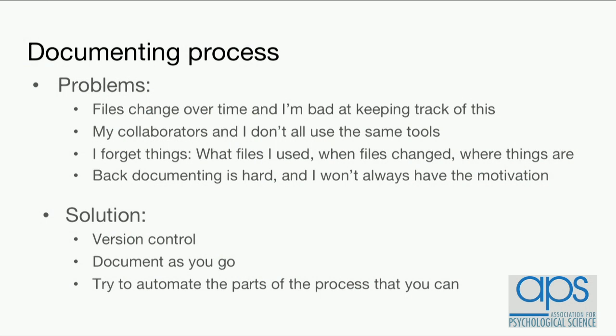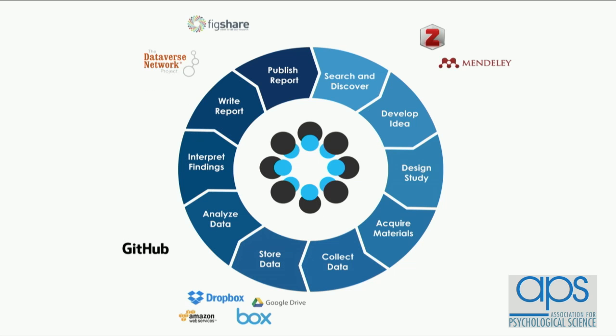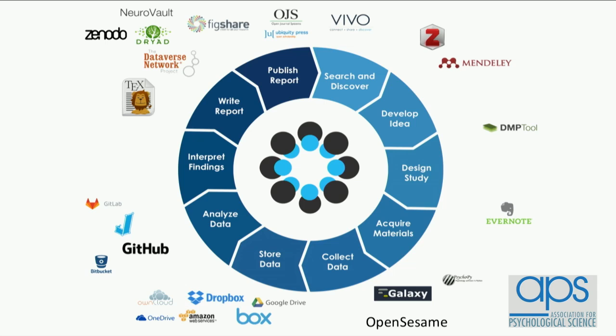So I mentioned the add-ons we currently have. Here they are. We have a lot more under development that will hopefully be starting to connect in those other parts of the workflow for tools that people commonly use. Brian showed you a slide of like ones we would love to have. These are the ones that are currently under development. So you'll see some more domain-specific repositories like NeuroVault for neurodata.